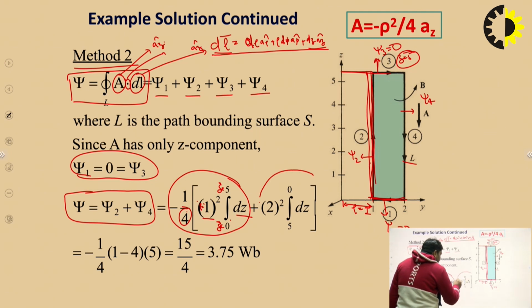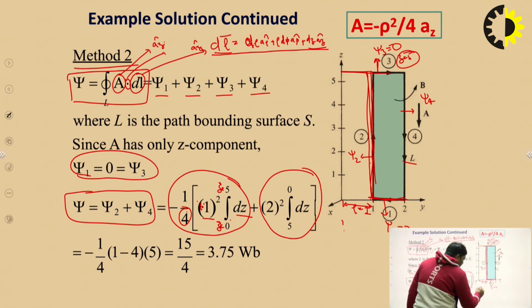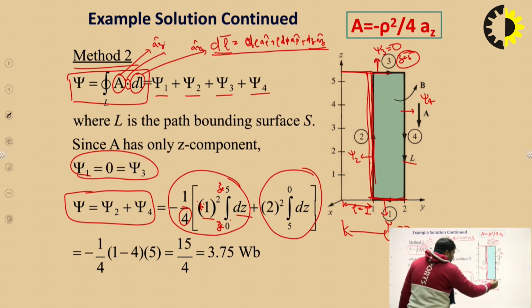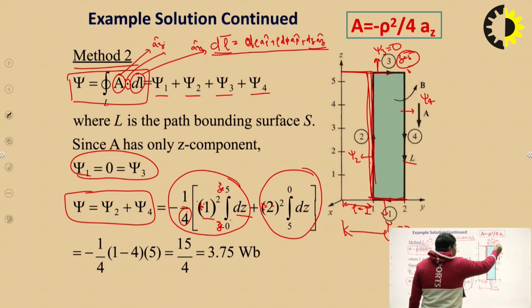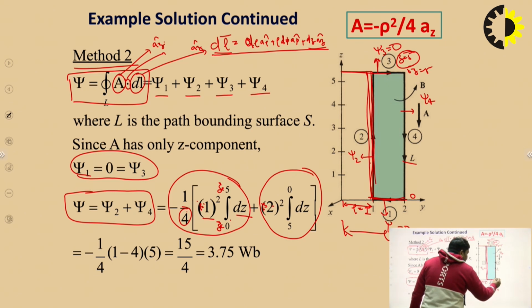and we also calculate psi 4 by using this calculation, because rho is equal to 2 for this case. So we put rho is equal to 2 here, and the limit is 5 to 0. The direction of flux is here, and in the z direction 5 is here, where z is equal to 0 is here.